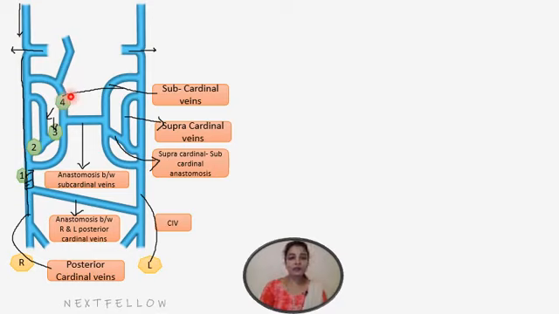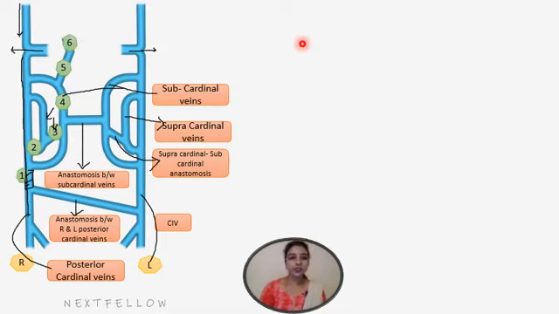And the fifth one, we can see the fifth source here. The fifth one is the anastomotic channel between the right subcardinal vein and the right hepatocardiac channel. The sixth one is the right hepatocardiac channel.